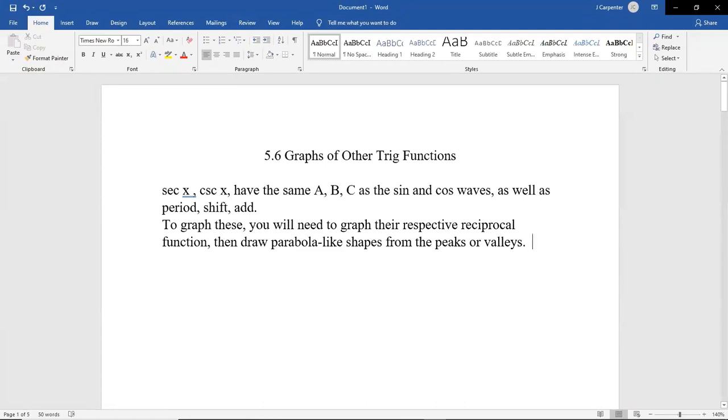I'm going to explain why after the instructions. So to actually graph a secant or a cosecant, you have to graph the sine or the cosine first and then do more things. So it's like there's an implicit problem inside of these.